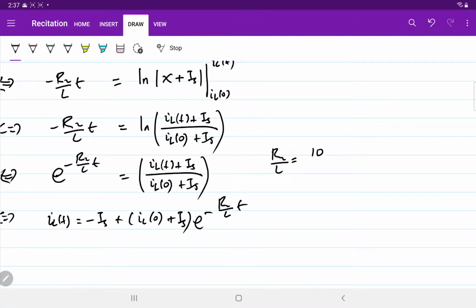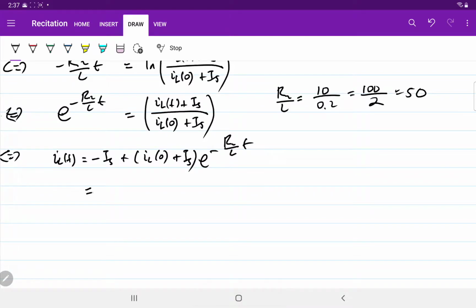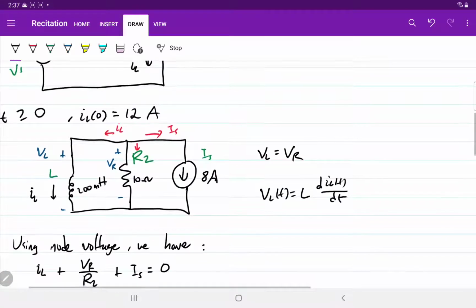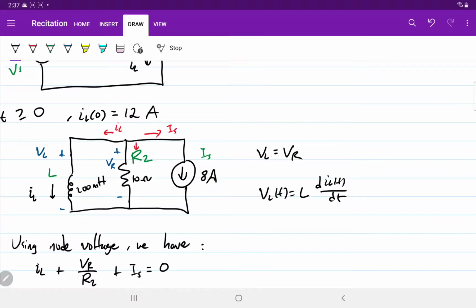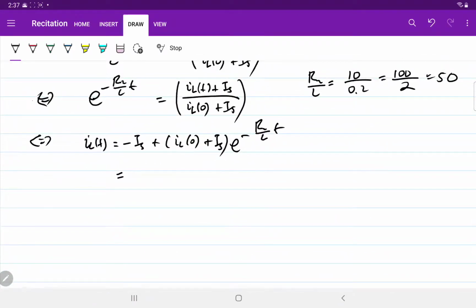R2 is 10, L is 200 millihenry, which is 0.2 Henry. 10 over 0.2 is 100 over 2, which is 50. And IS is what? IS is 8, IL0 is 12. Okay, so you can substitute those values.